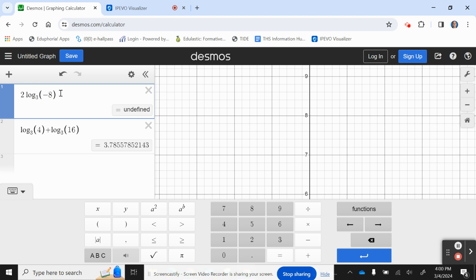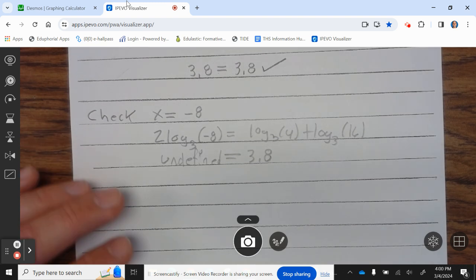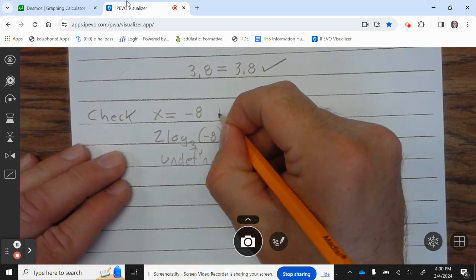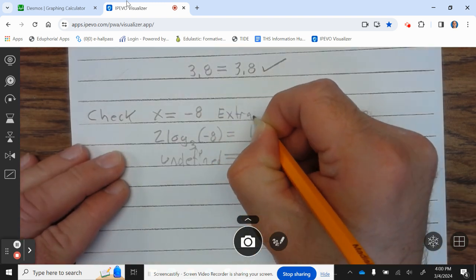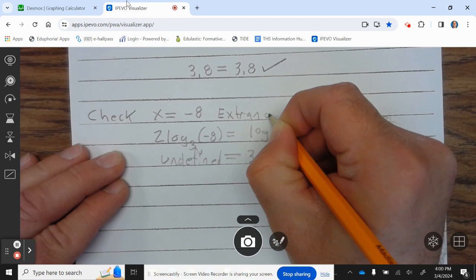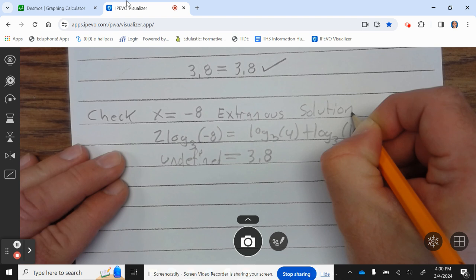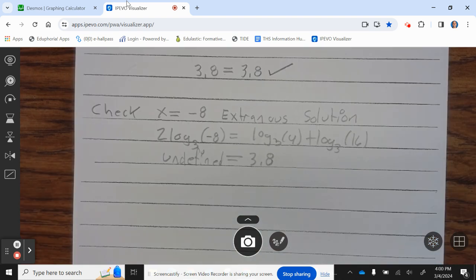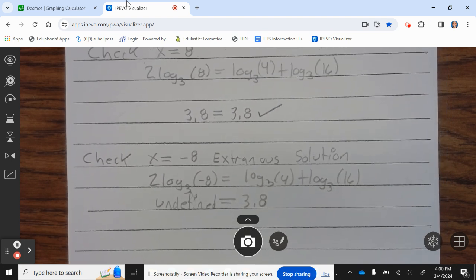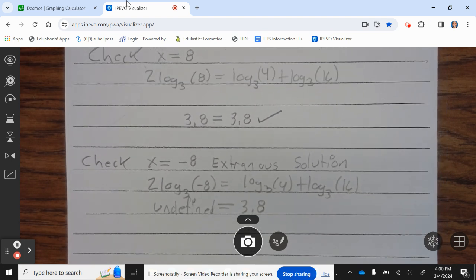We get undefined. And then once you get undefined, then we know that this is an extraneous solution. An extraneous solution is what appears to be a valid solution, but it doesn't check. Okay, go ahead and finish that up. All right, let's take a look at the next page.